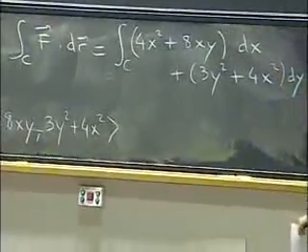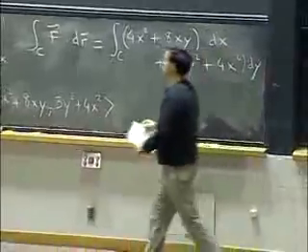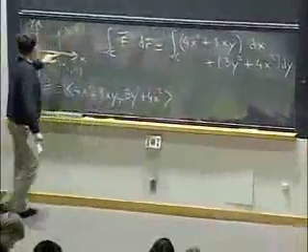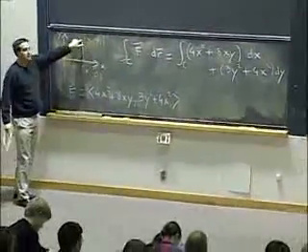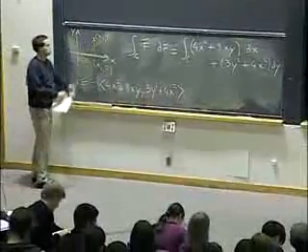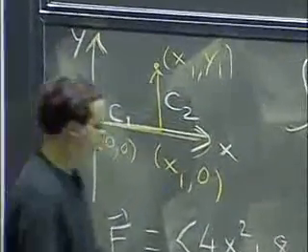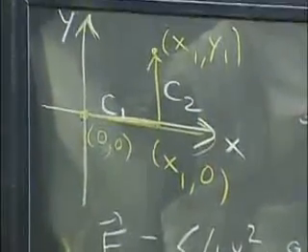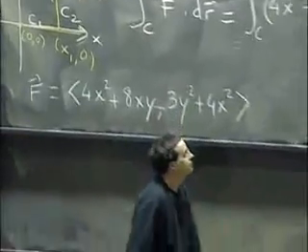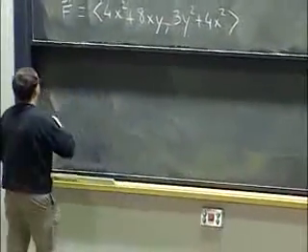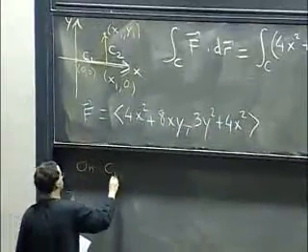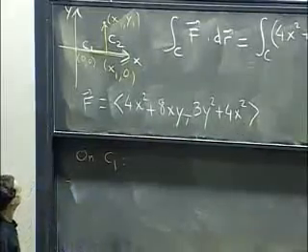Now, to evaluate on this broken line, I will, of course, evaluate separately on each of the two segments. So I'll start with this segment that I will call C1, and then I will do this one that I call C2. So on C1, how do I evaluate my integral?